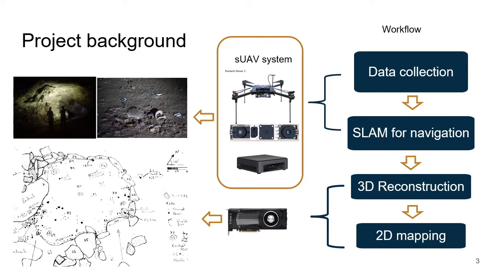Here is more information on the problems we are trying to solve and the way we are solving it. On the bottom left, you can see a map which is manually created by our archaeologists.